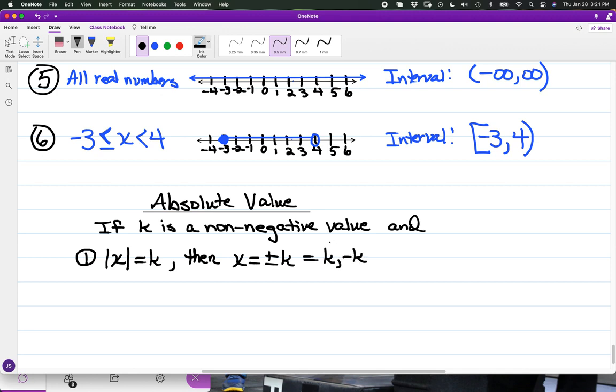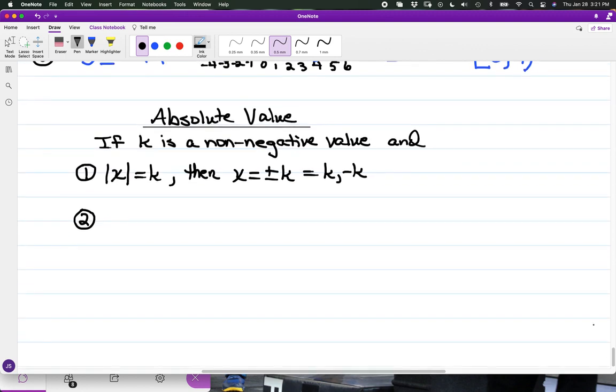But if you're looking at a set of values, crossing over to the inequalities, and we have that the absolute value of x is less than k, then what's going to happen here is that it's going to be kind of like a squeeze plate.